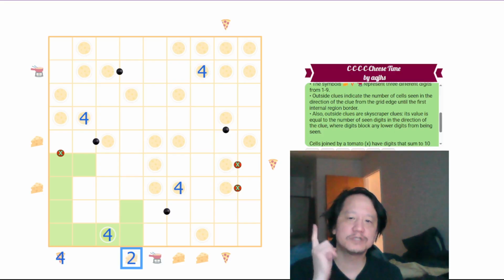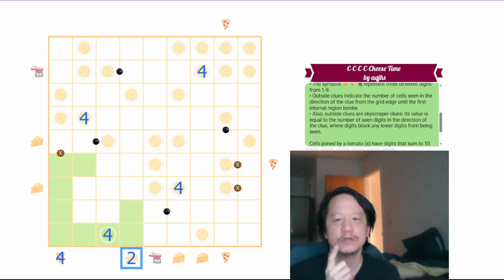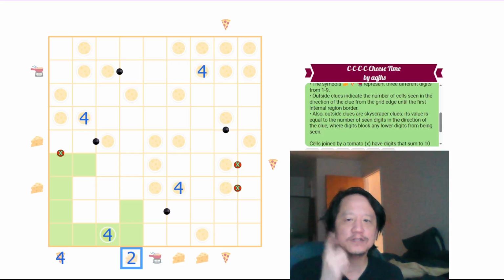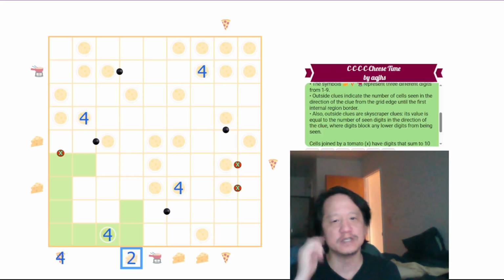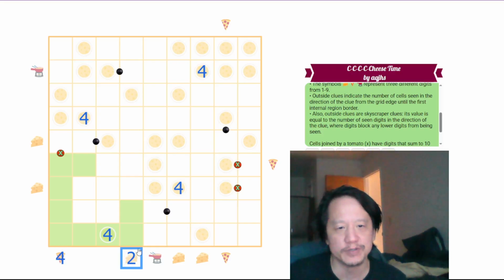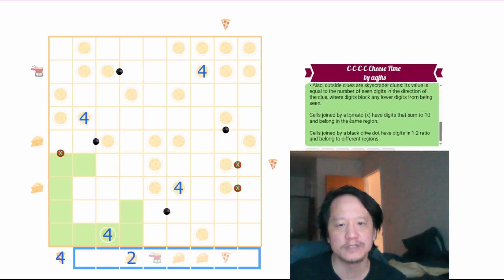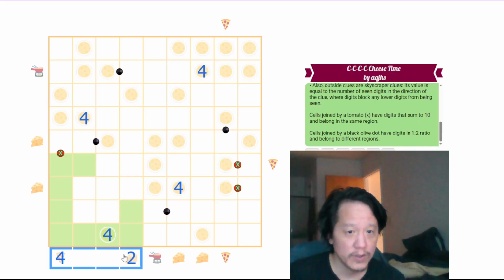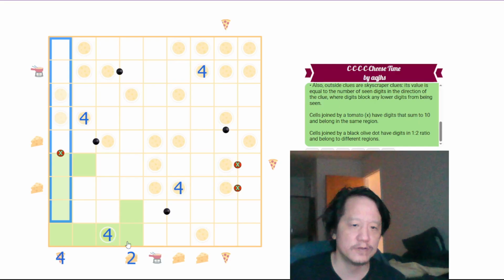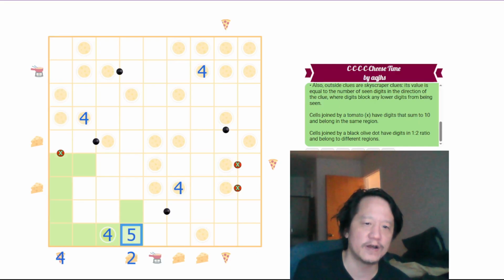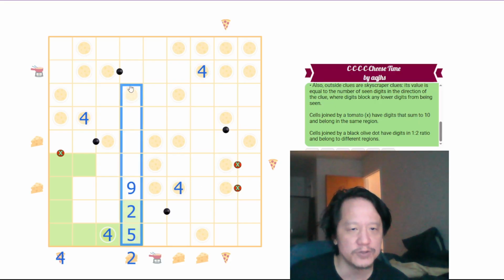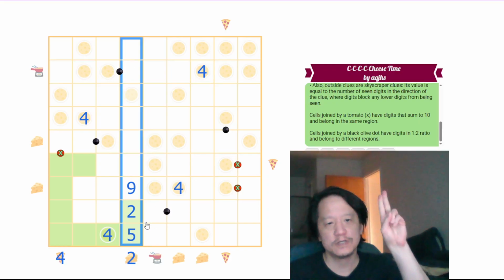Also, outside clues are skyscraper clues, where its value is equal to the number of seen digits in the direction of the clue, where digits block any lower digits from being seen. So these also serve a double purpose for these symbols outside of the grid. As an example, let's use this. Say we had 5, 2, and 9. This cell in this direction would only see 2 digits.